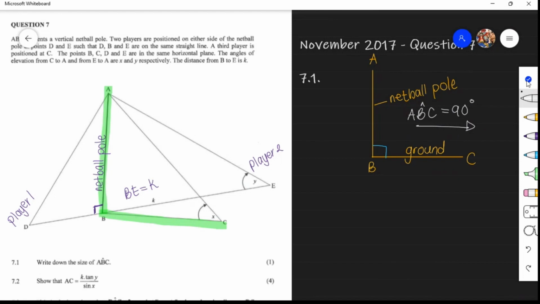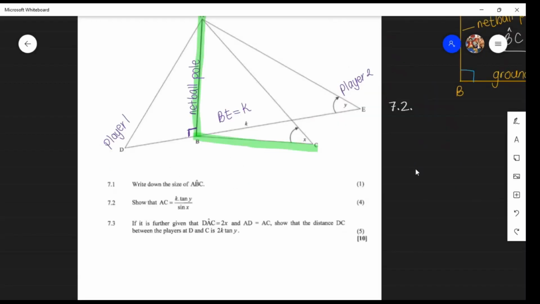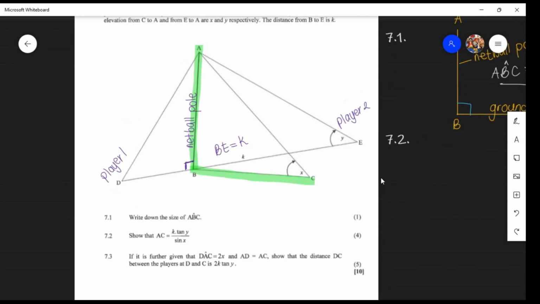Let us now have a look at our next question, question 7.2. Show that AC is equal to K tan Y over sine X. So let us find side AC.